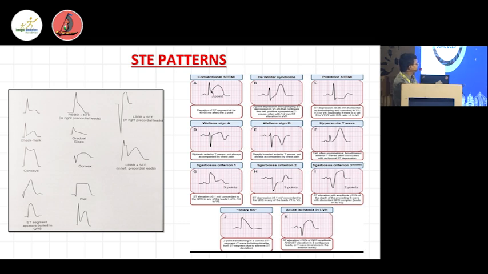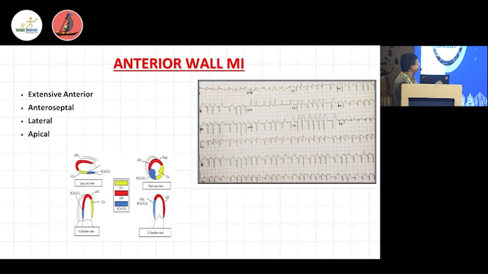Let us come to the four-chamber view. This is the left atrium, this is the right atrium, this is the right ventricle, and this is the left ventricle. This is the interventricular septum, this is the interatrial septum, the mitral valve, and the tricuspid valve. This part is predominantly supplied by the left anterior descending artery.